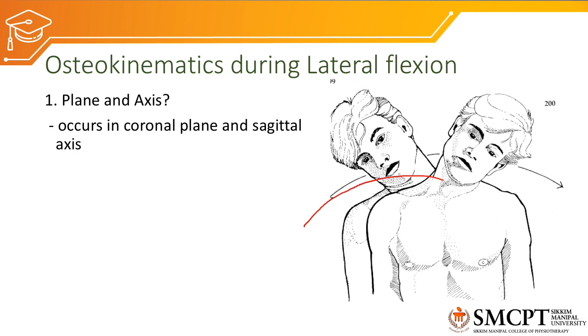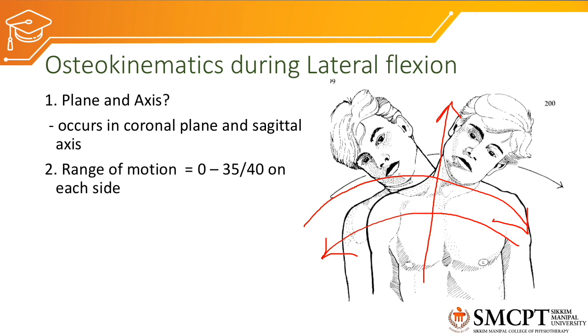You can see here the movement of lateral flexion occurs in the coronal plane and the perpendicular axis on which the movement occurs is the sagittal axis. Third point is range of motion. The range of motion of lateral flexion is 0 to 35 or 40 degrees on each side.